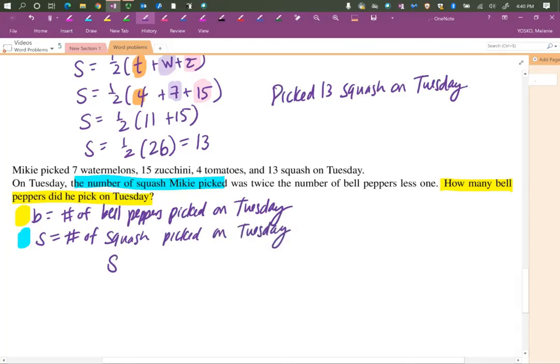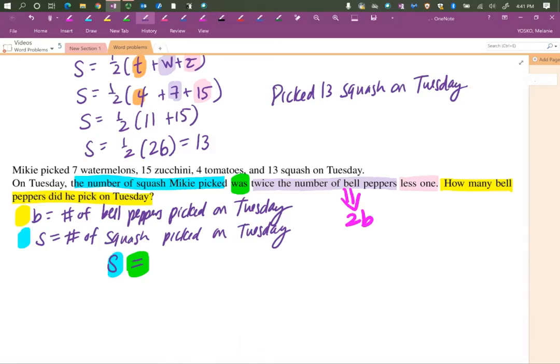So the number of squash he picked, we're calling S for right now, was. Remember, our verb is an equal sign. Was. Okay, now we're going to go piece by piece. Twice the number of bell peppers, less 1. Okay, so we know number of bell peppers is B. Twice the number of bell peppers, this part right here, is 2B.